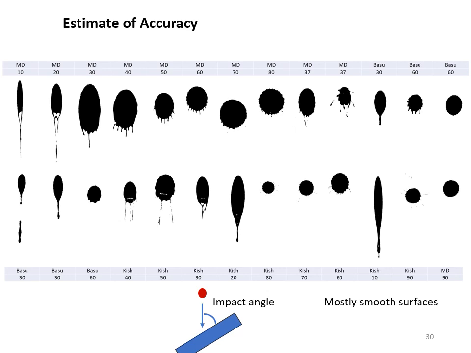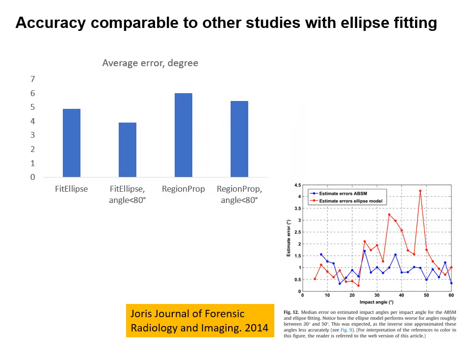And we get an average error that is between 3.9 degrees and a bit more than 6 degrees, using either the region prop algorithm or the ellipse fitting algorithm. The ellipse fitting is a little bit better, and what also makes the accuracy better is if you don't try to fit ellipses on stains that impacted normally, so at values close to 90 degrees, because those are never completely round and you have the largest errors there.